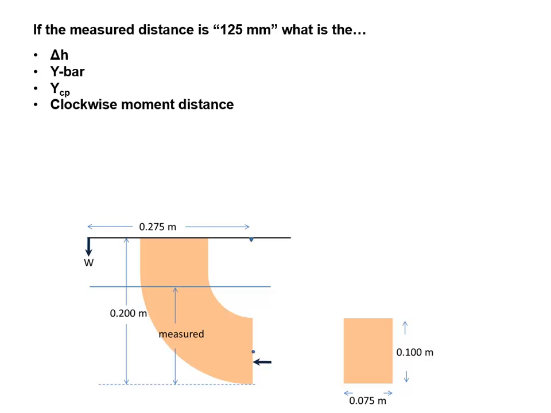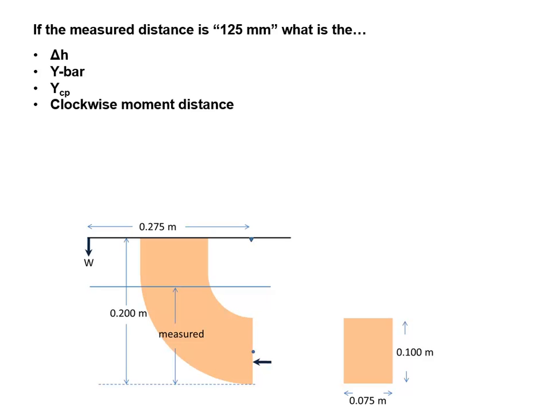And then the area, 0.075 meters times 0.07 meters. And the YCP, if we do those calculations, 0.04667 meters.